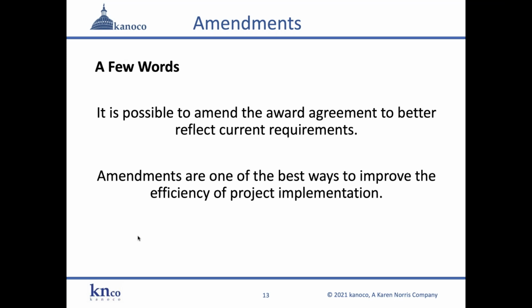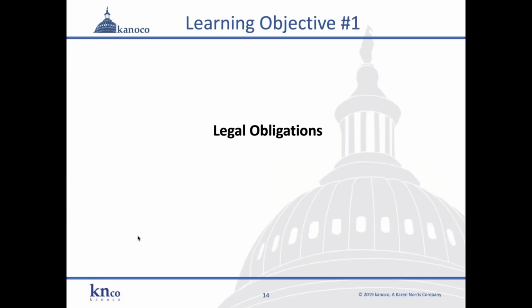Amendments are one of the best ways to improve the efficiency of project implementation because they allow some flexibility. They allow you to address these unexpected circumstances that evidence themselves during the course of implementing the grant program.